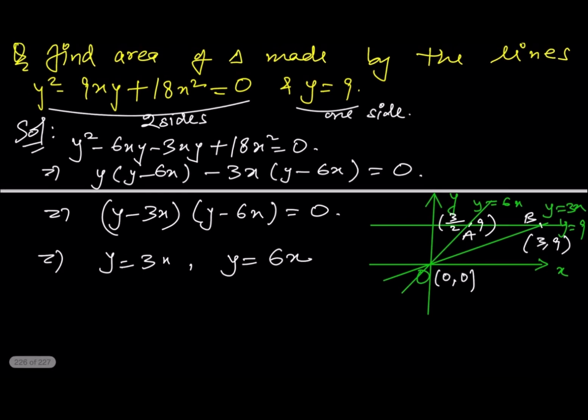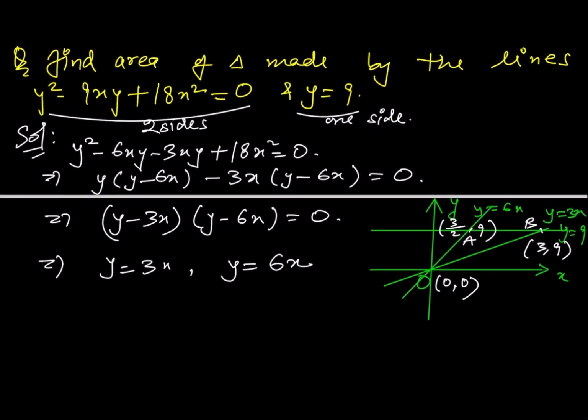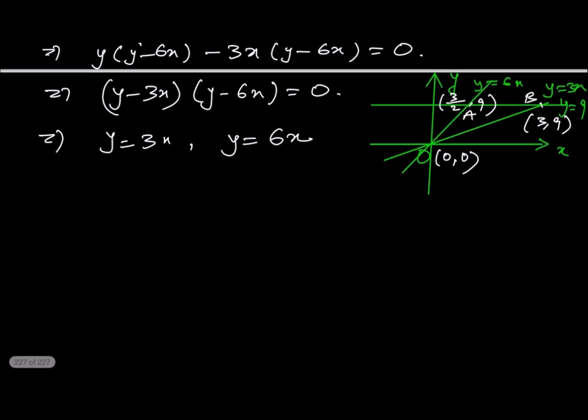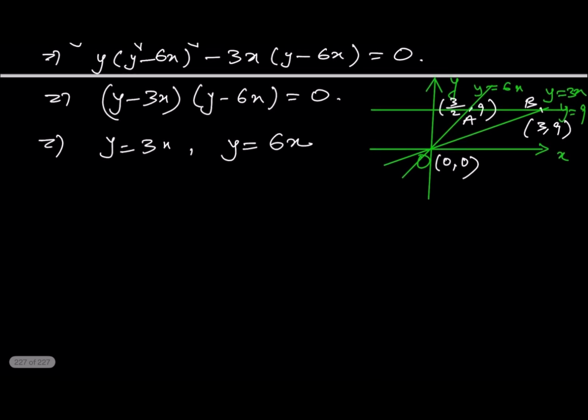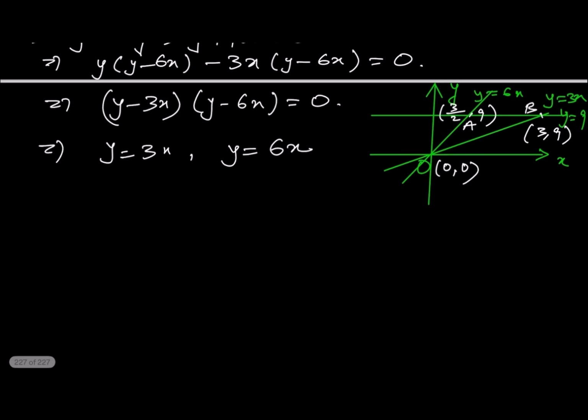But we know, we can directly find the area as 1 by 2 x1 y2 minus y1 x2 if one vertex is origin. So delta will be half mod of x1 y2 minus y1 x2 if one vertex is origin.